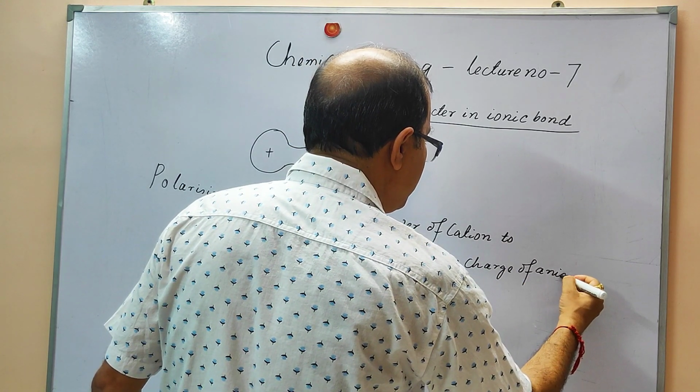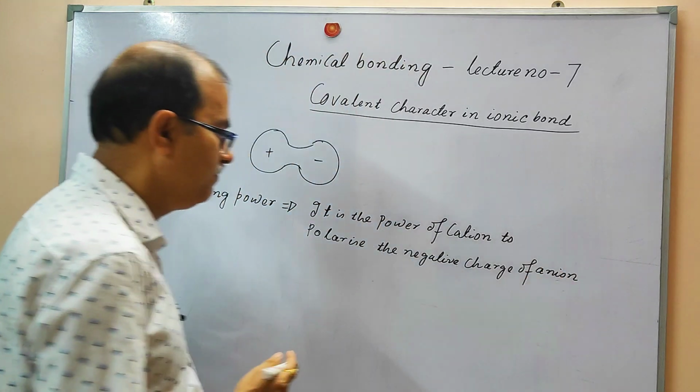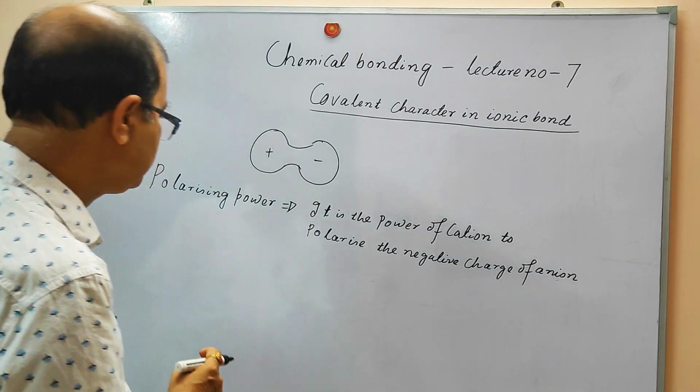So it is called the polarizing power of the cation.